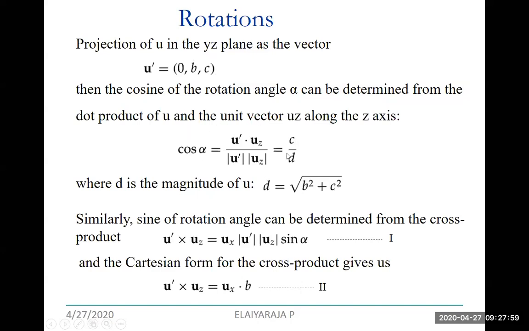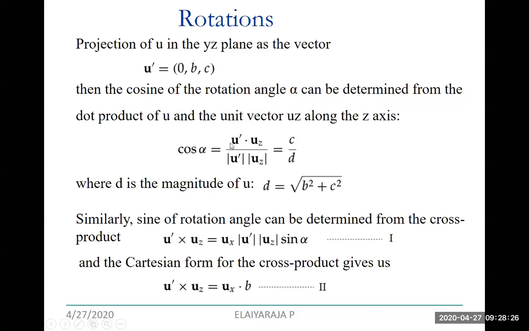Okay, once again listen, cos alpha is equal to U dash into uz divided by modular of U dash and uz, unit vector with respect to z axis. Here projection with respect to yz plane, x value is going to be 0 with respect to yz plane. So y value is equal to b, z value equal to c, right?